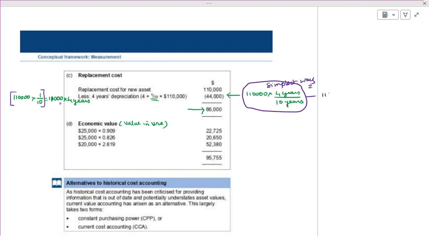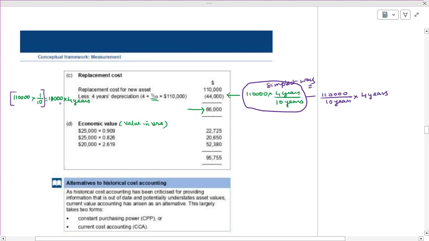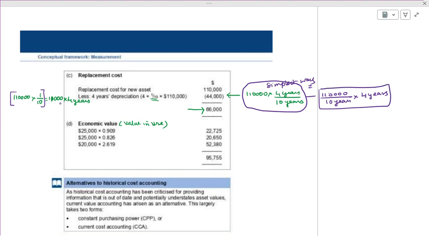See, I will make it more simple. 110 divided by how many years? 10 years. Times how many years? 4 years. It becomes 44. You do it anyway. The only thing is you should have clarity on that.